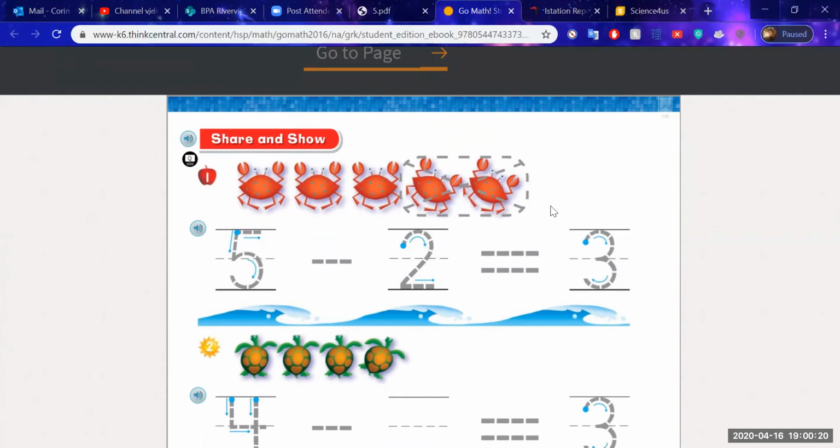And then you notice that there's how many crossed out? 1, 2. So we're taking 2 crabs away. 5 minus 2. How many are left? 2, 3. There are 3 crabs left. So 5 minus 2 equals 3. Wonderful.